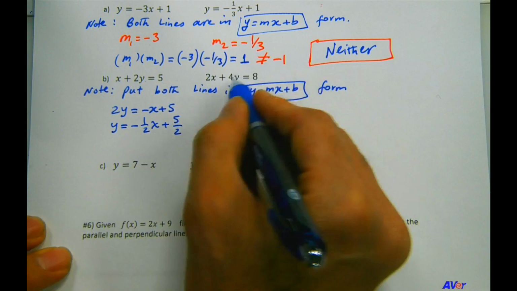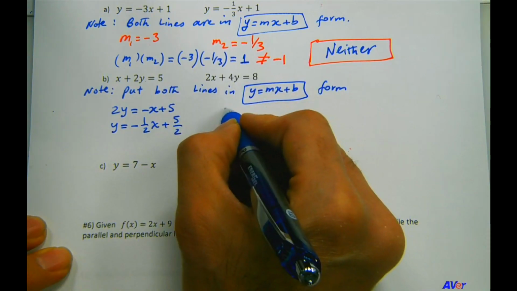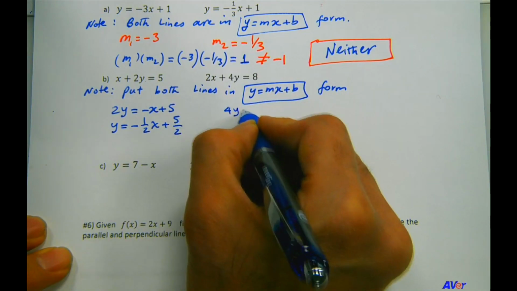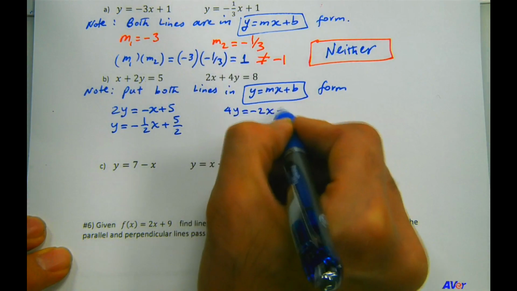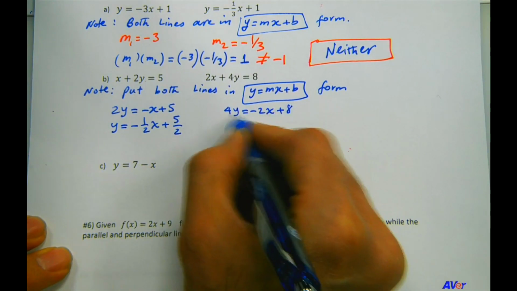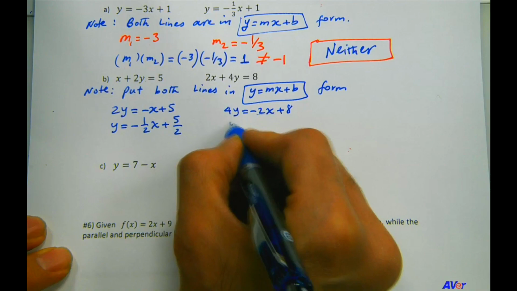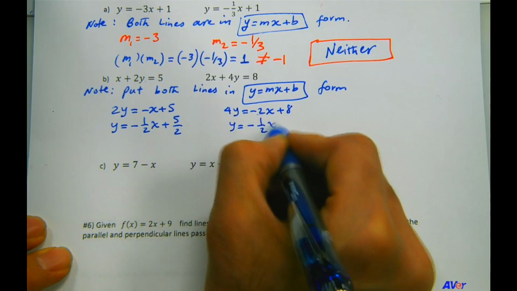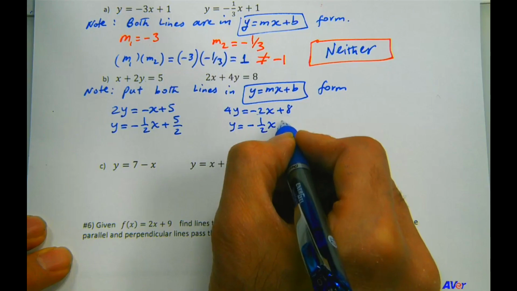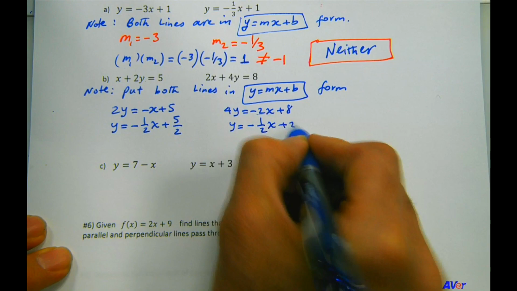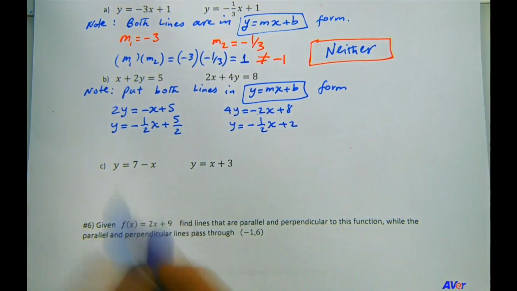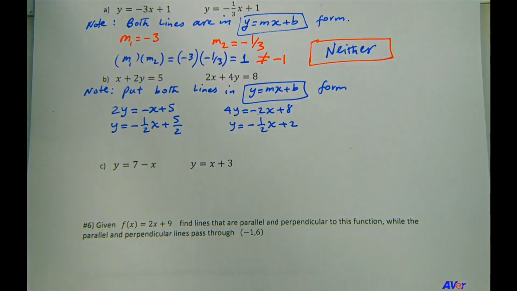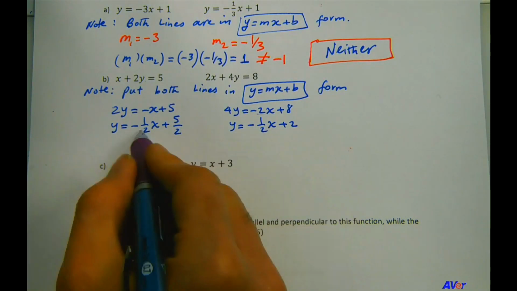Right? How about this one? So we have 4y equals minus 2x plus 8. And then divide both sides by 4. We have y equals minus 1/2 x plus 2. Right? Now, compare them together. Are the slopes equal? Yes, they are.